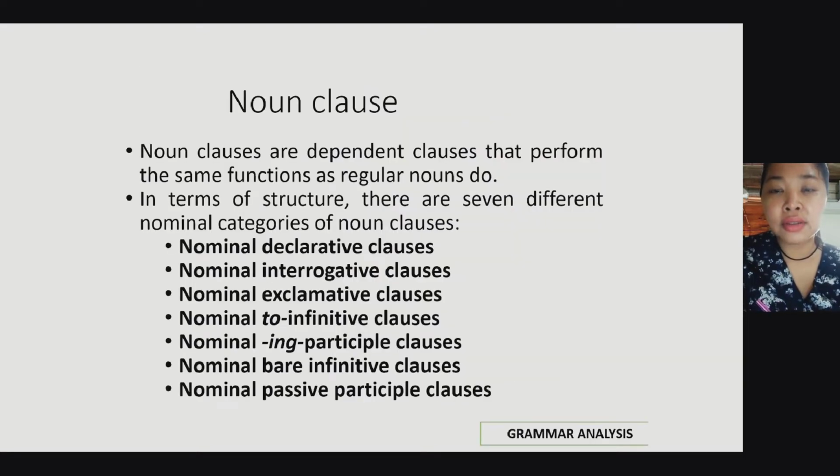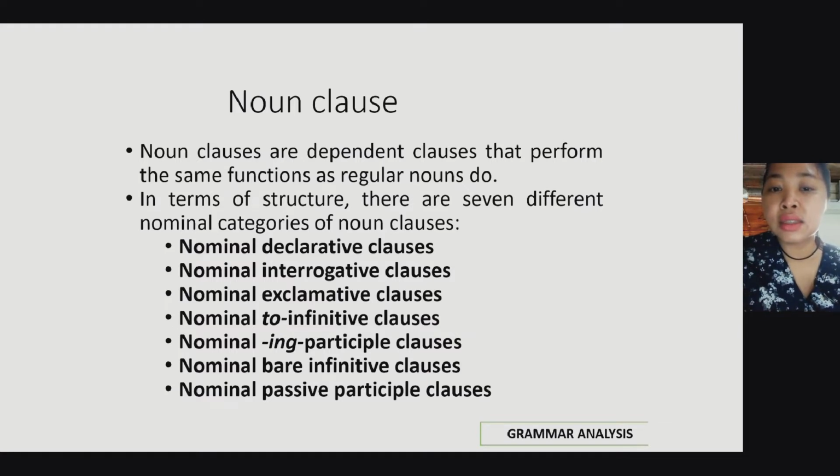So noun clauses are dependent clauses that perform the same functions as regular nouns do. So the function is pretty much the same as a subject and also as an object. In terms of structures, there are 7 different nominal categories of noun clauses.